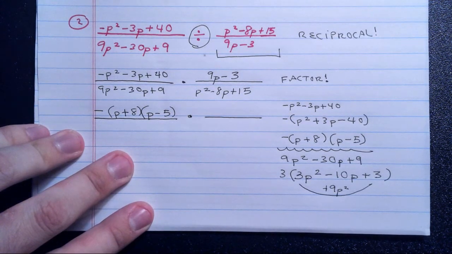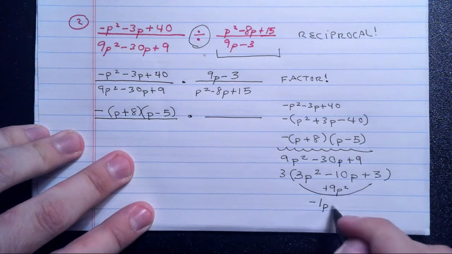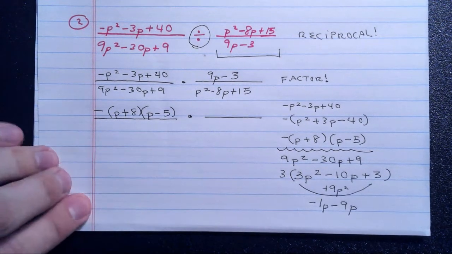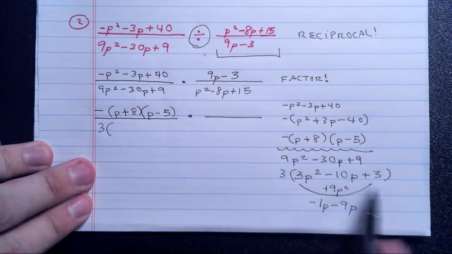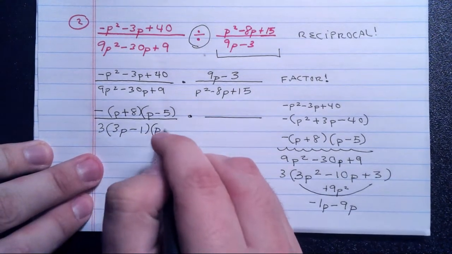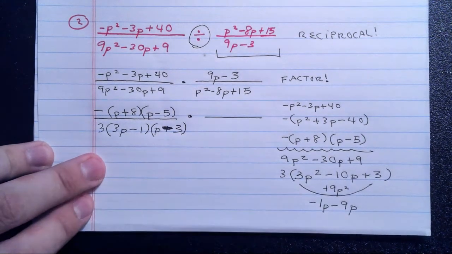That might seem a little bit strange at first, but if you think about it, if it multiplies to positive 9 and adds up to a negative, I want two negative numbers. And to get factors of 9 that add up to 10, that would be simply negative 1 and negative 9. Now once I know that, I can determine, and again I'm not going to show you the rest of that work, that the factors of this polynomial are 3p minus 1 and p minus 3.